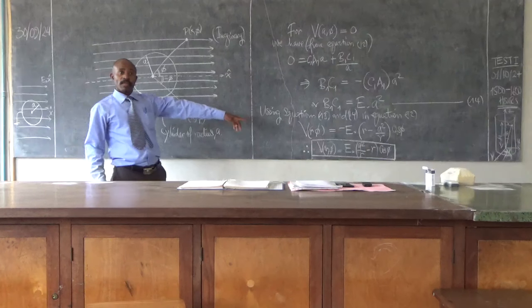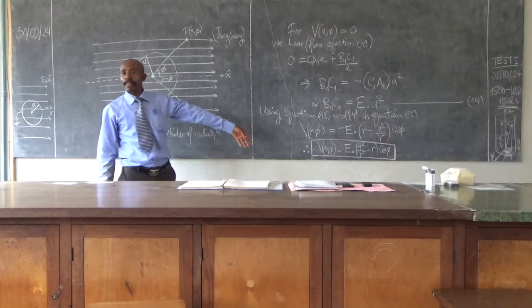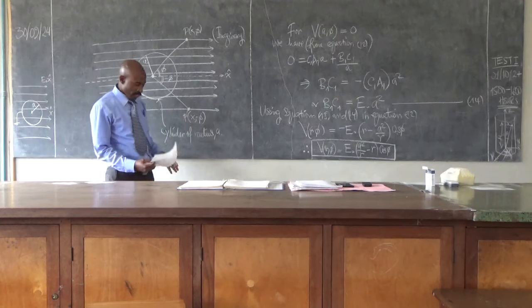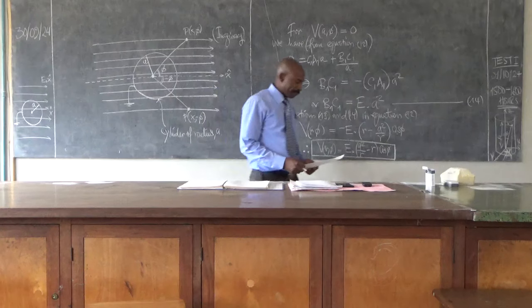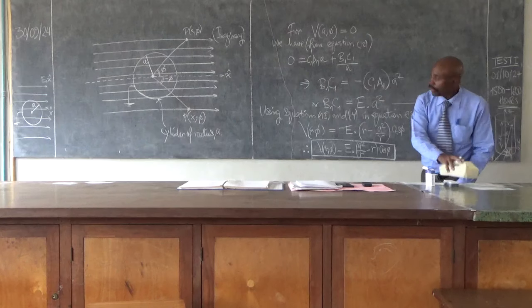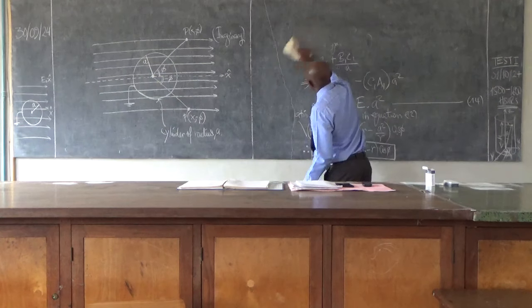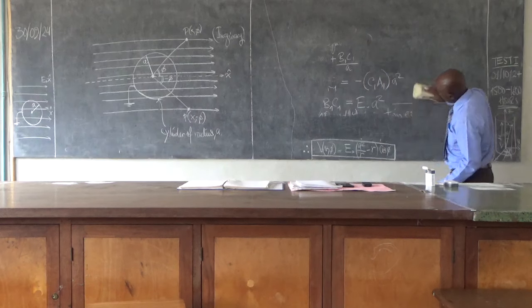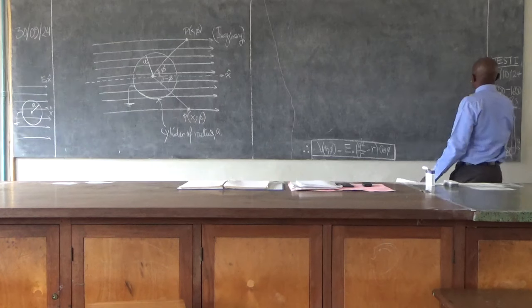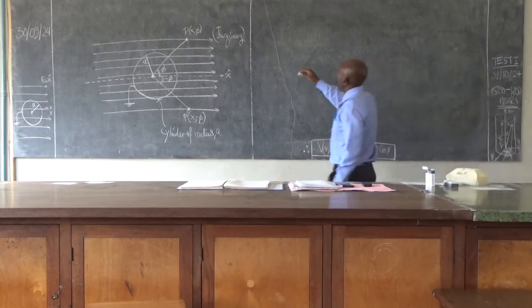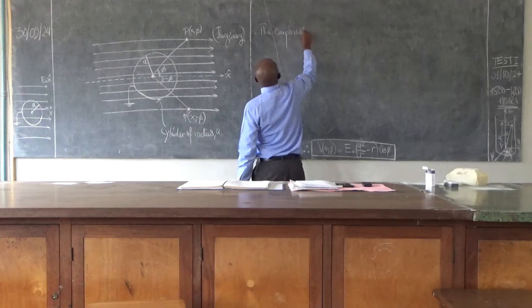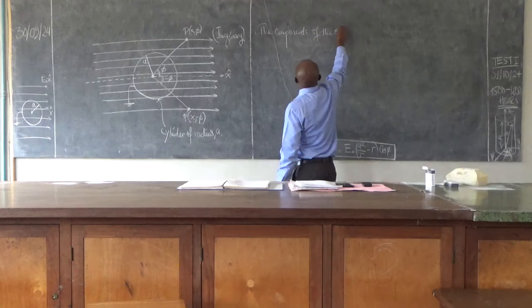So we have the potential. What can we get from the potential? What else can we get? So the components of the electric field density.